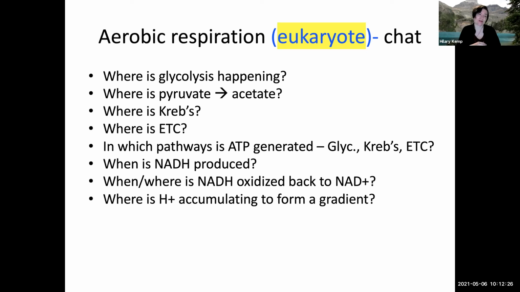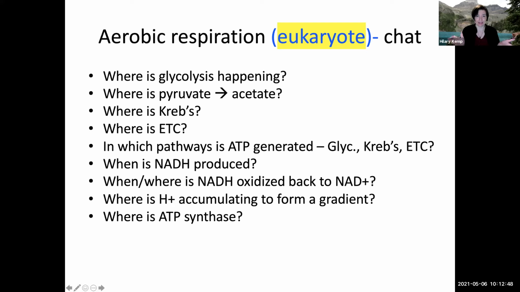Where do those hydrogen ions accumulate to form that gradient? Right, in the space in between the two membranes of the mitochondria, what we call the intermembrane space.